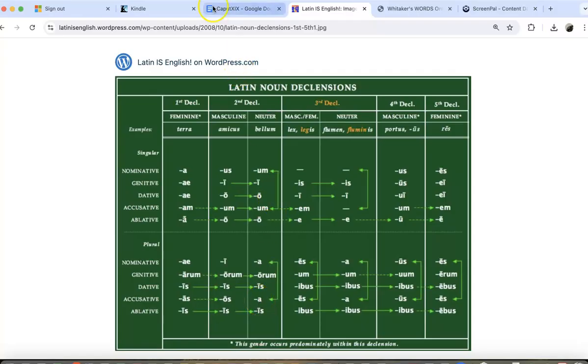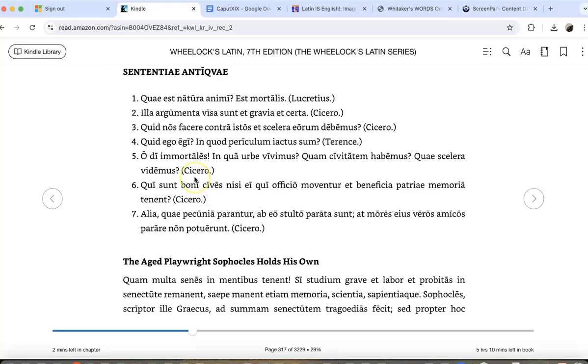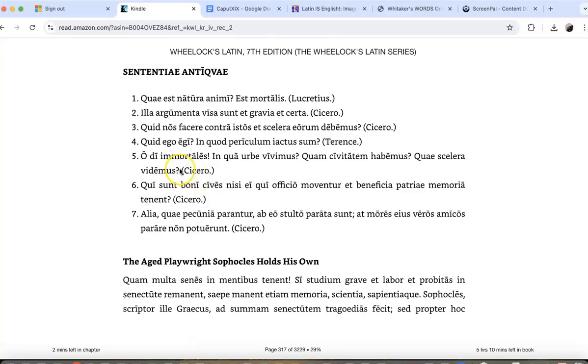And then vedimus is simply we see, but in this case, Latin doesn't use do or does. So what crimes do we see? Again, the idea being there is people have a conscience, but they're not using it, and just turn the other eye. Well, that seems to be problematic for Cicero's notion of civic mindedness and civic virtue.